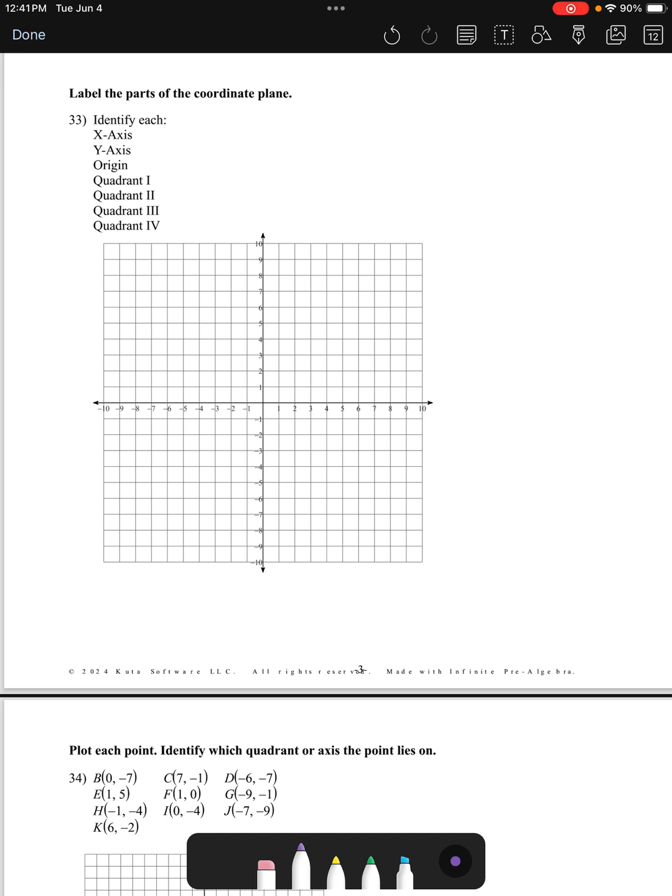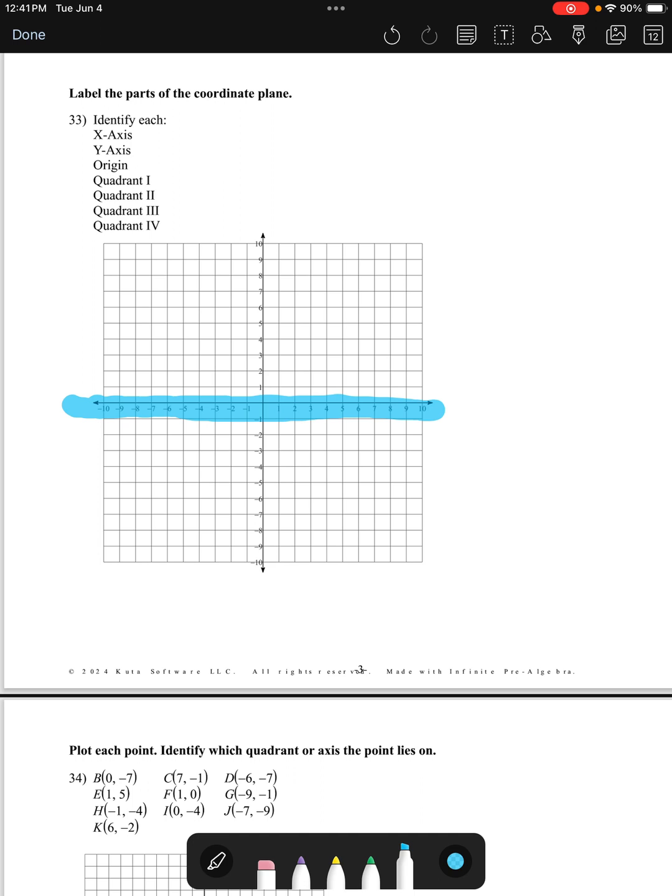So a coordinate plane is made up of two number lines. You can see here one of them runs left to right, or what we call horizontal, and one of them runs up and down, or what we call vertical. Now the horizontal number line, this guy that runs left to right, is a regular looking number line.